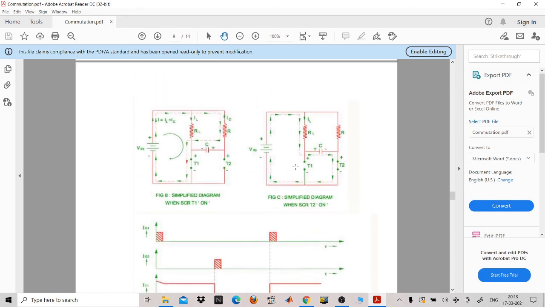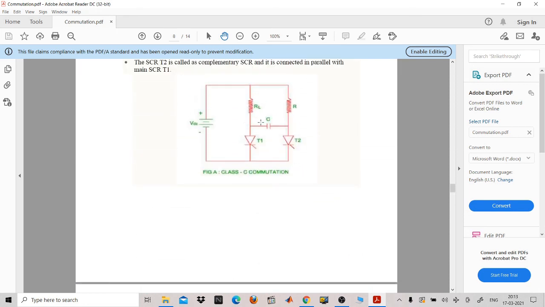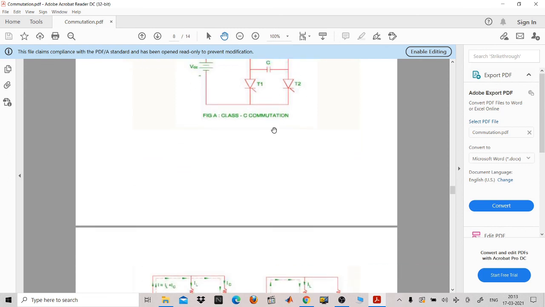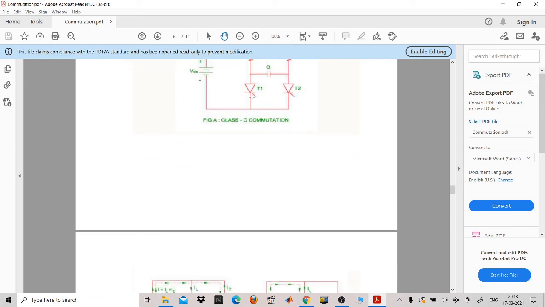Now you can see that initially the capacitor voltage was charged to this plus VDC. So plus will be at the right hand plate of the capacitor, and minus will be at the left hand plate of the capacitor. Now you can see that if you apply the gate pulse to T1, so instantly this voltage will be coming across your T2. Fine. It means that instantly the voltage across T2 is becoming negative, and then it will rise in the positive direction.